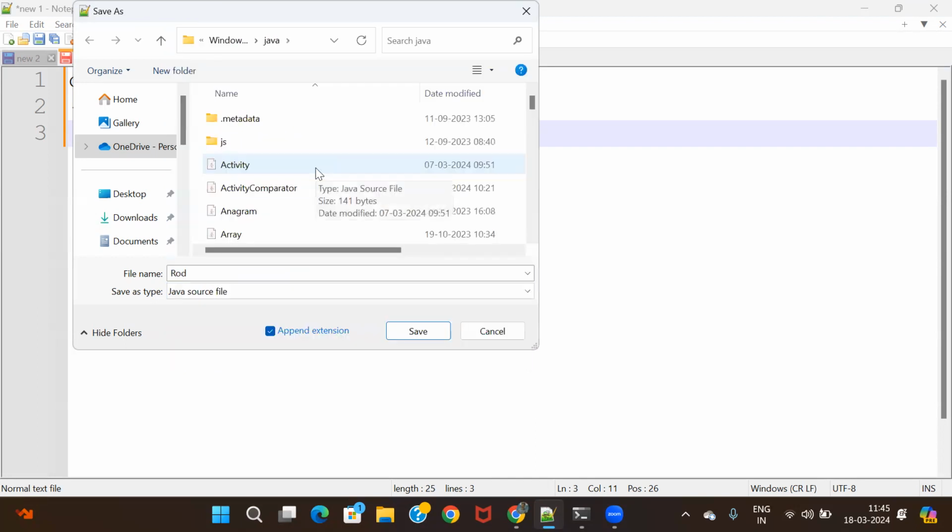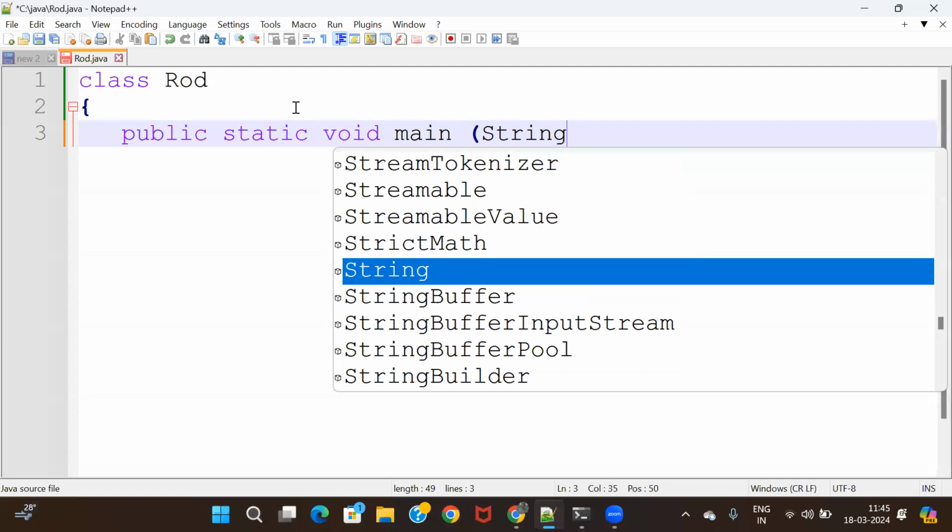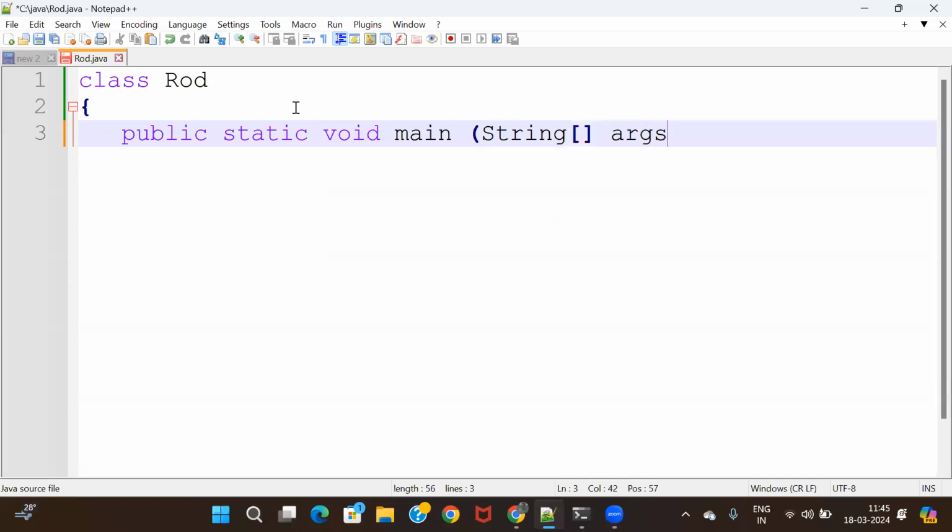Public static void main, inputs are string arguments.